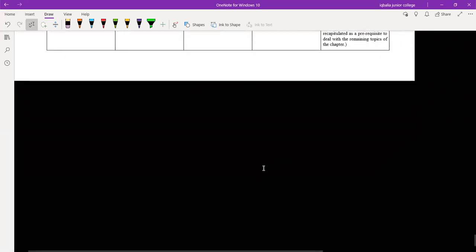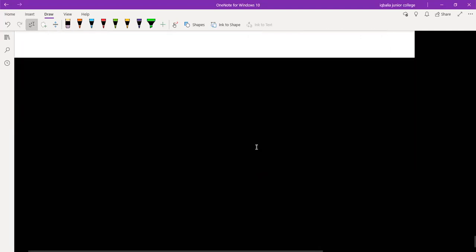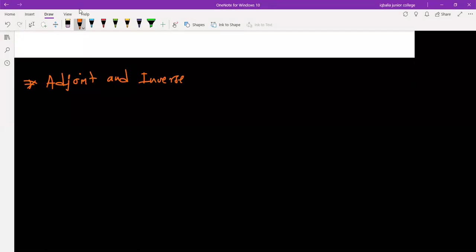So let me write adjoint and inverse of matrix. Okay, so today we are going to learn adjoint and inverse of matrix.